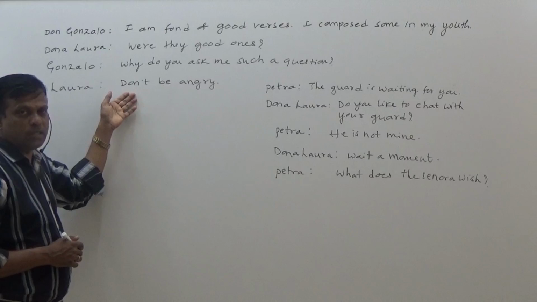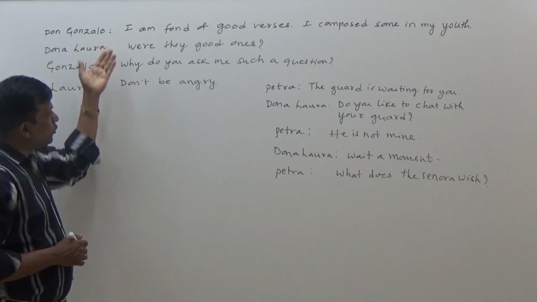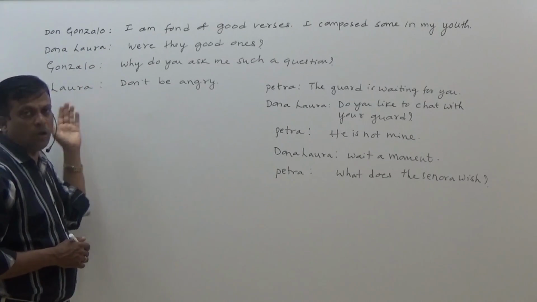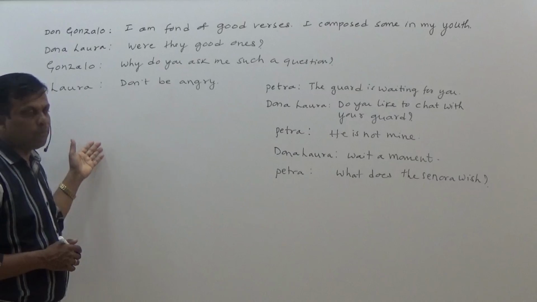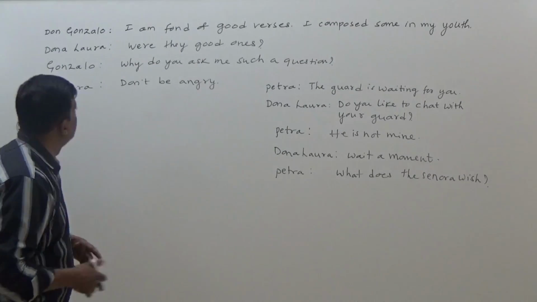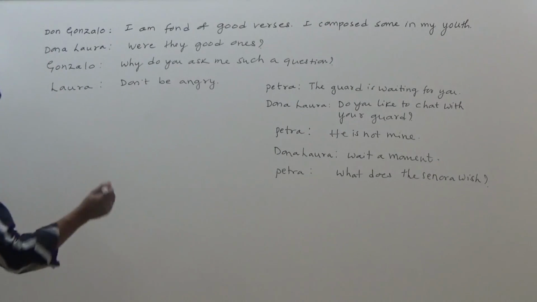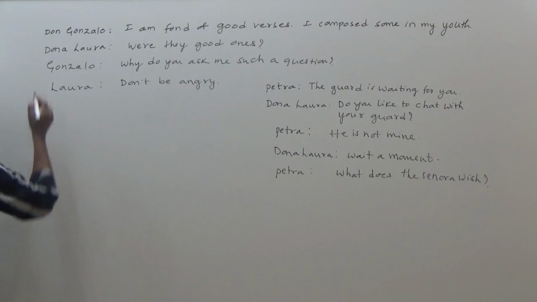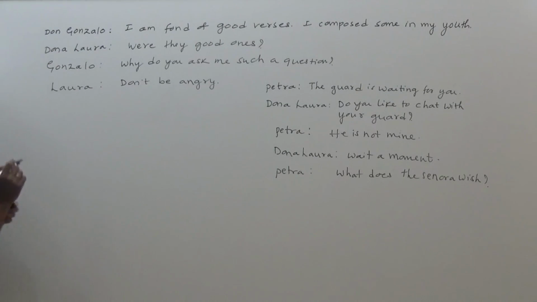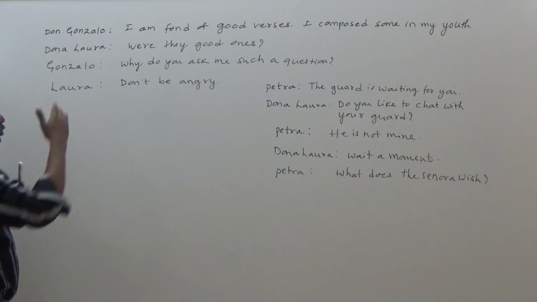We have already discussed all these things. Now if in the conversation you have such questions, we'll have a look at how to do it. Let's see. First one. Don Gonzalo. So here we have 2 persons conversing. We have to use told, reported, asked according to the tone of the sentence.